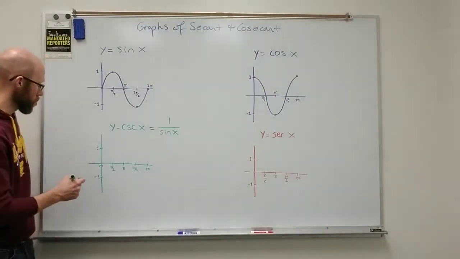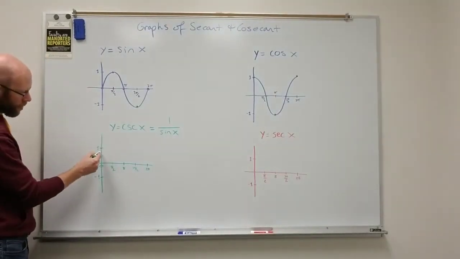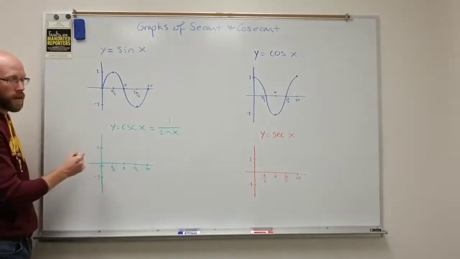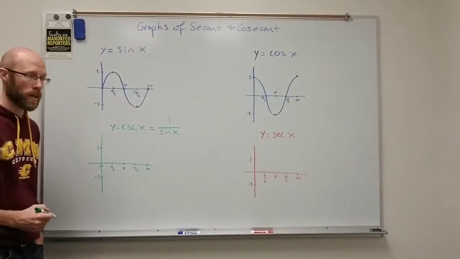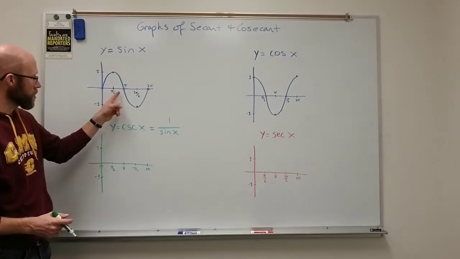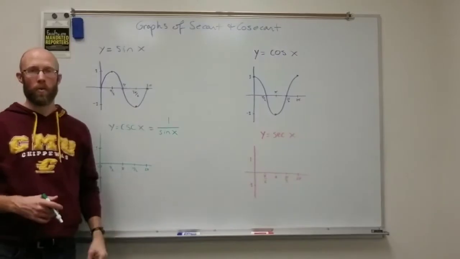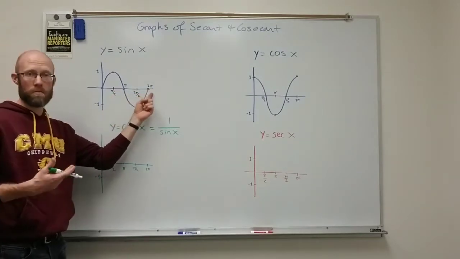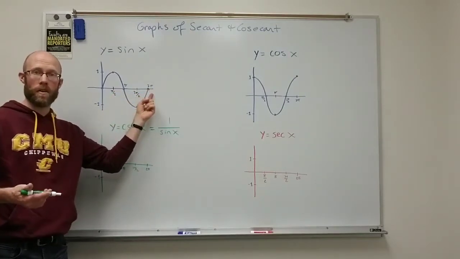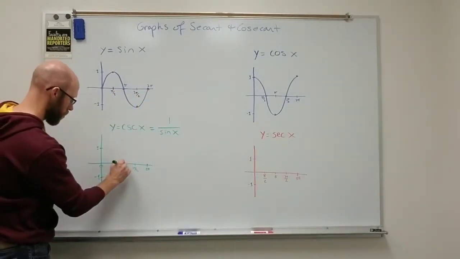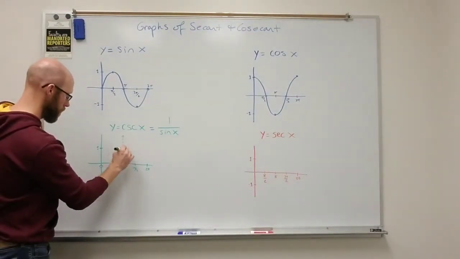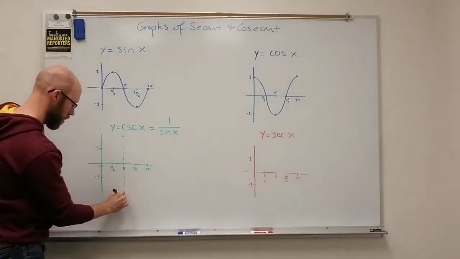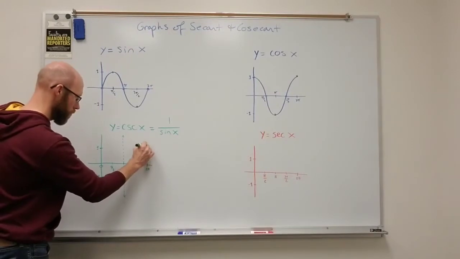So we're going to have a vertical asymptote right here on the y-axis. Likewise, at pi and at 2 pi, we're also going to have vertical asymptotes because the reciprocal of the 0, the x-intercept, is undefined. So there's going to be a vertical asymptote at pi and at 2 pi.